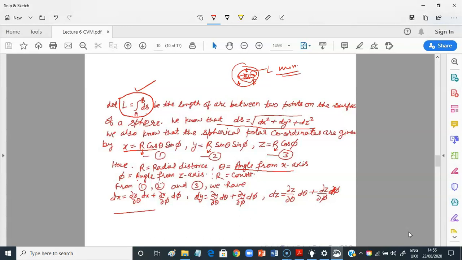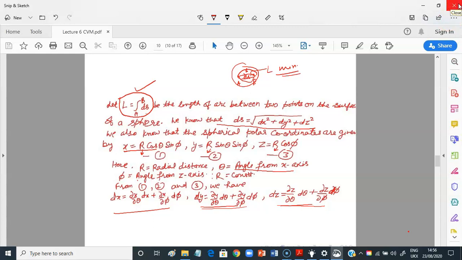So dx is given by this formula, dy by this formula, dz by this formula, from the knowledge of partial differentiation. When you find the partial of x with respect to theta, that means r cos theta sine phi, with a minus sign, times d theta here. Similarly, you find the partial of x with respect to phi, you will get something. You put the values over here, and you find the value of dx, dy, dz.